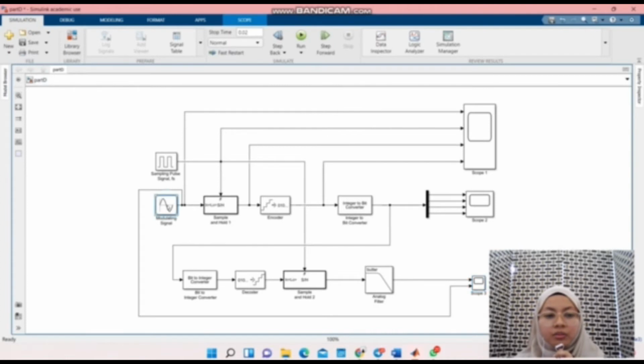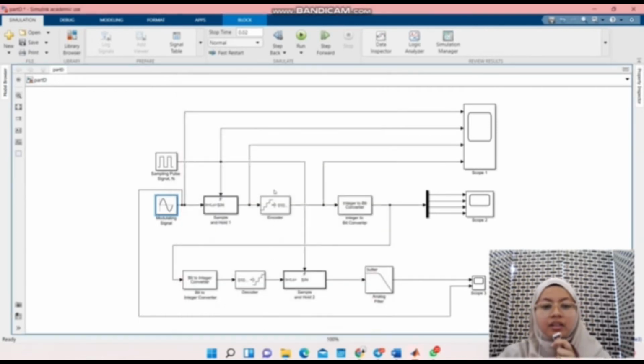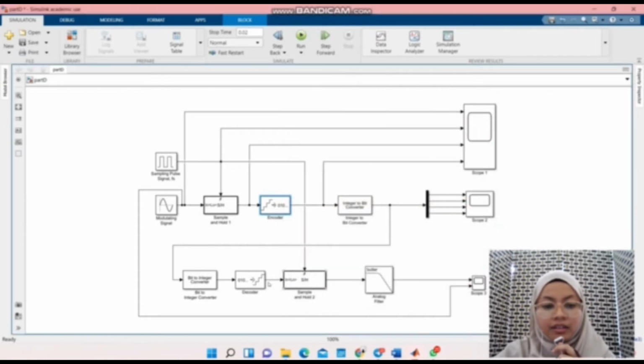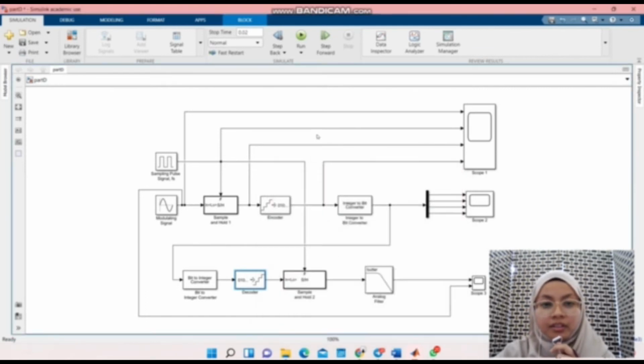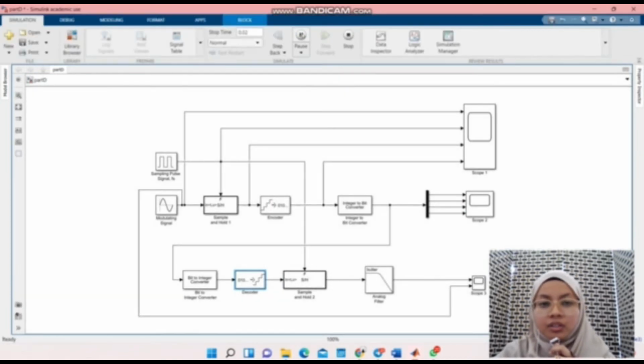Now we are going to change the amplitude to 0.5, and also for the encoder 0.5, and then for the decoder 0.5. Now we're going to run the circuit and see what happens to the recovered signal.